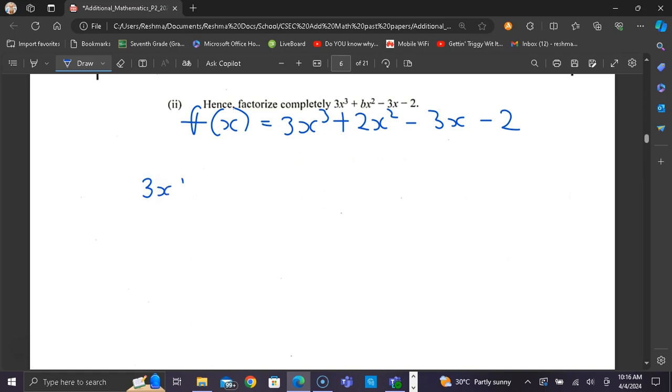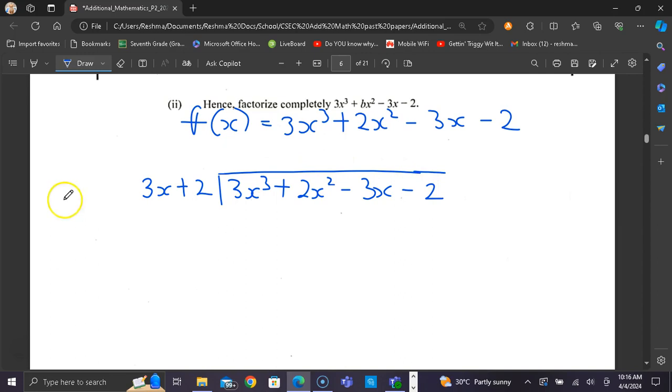So we have 3x plus 2 is our divisor. All right, so we're going to do some long division here. Okay, so first step, 3x into 3x cubed will be x squared. Then we multiply.